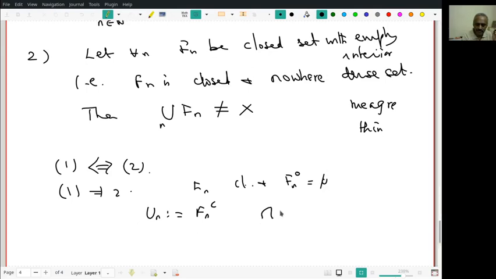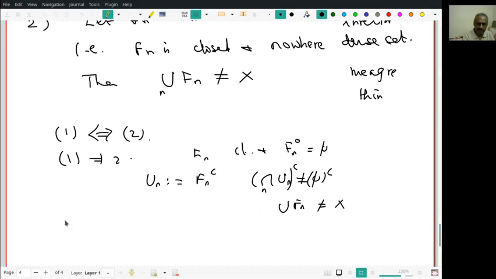Therefore the intersection of the U_n is not empty. Take the complement: this complement is the union of the F_n, and it is not X. So you get the result, and you can retrace it the other way.